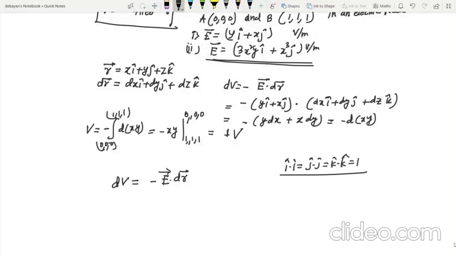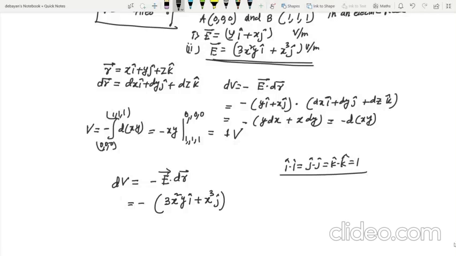So in the second case, what is the value of E dot dr, where E is x square y cap plus x cube j cap? Dr means nothing but dx i cap plus dy j cap plus dz k cap.